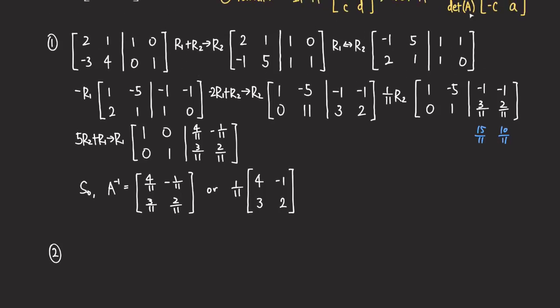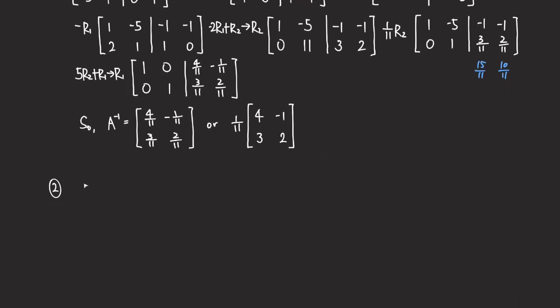First we need the determinant of A. A is 2, 1, negative 3, and 4. The determinant is the main diagonal entries multiplied together, 2 times 4, minus the other diagonal entries multiplied together, 1 times negative 3.